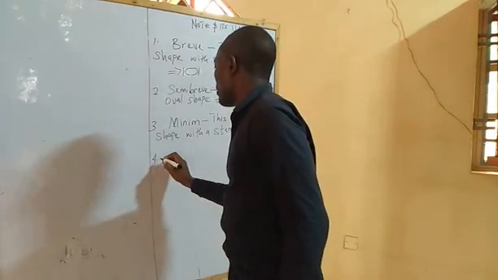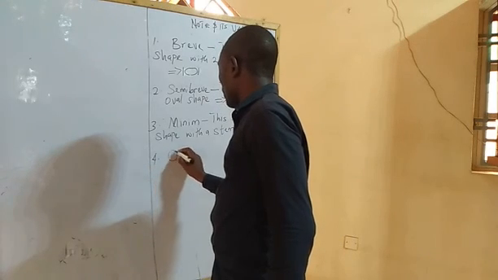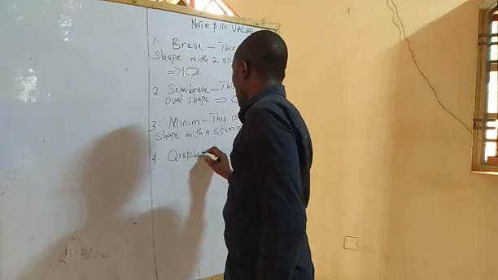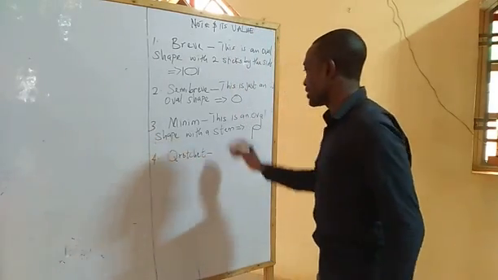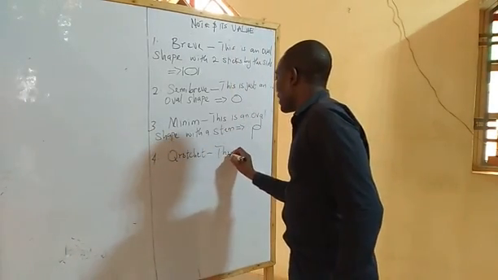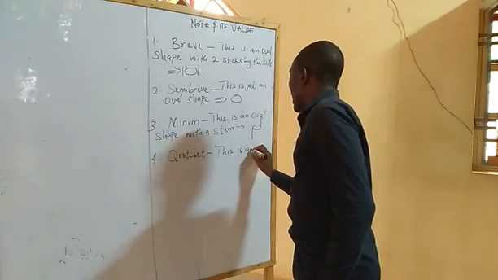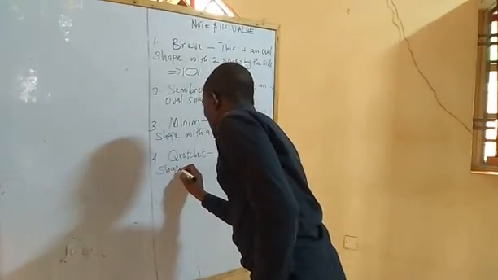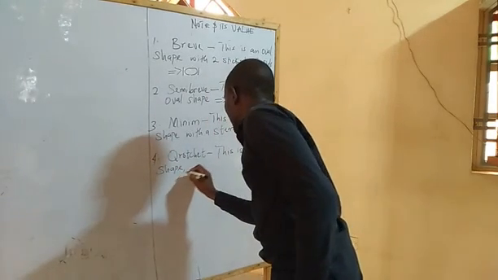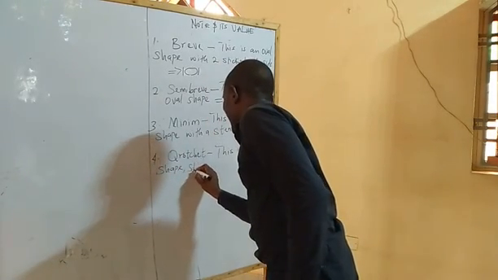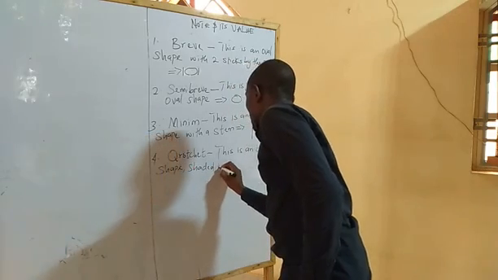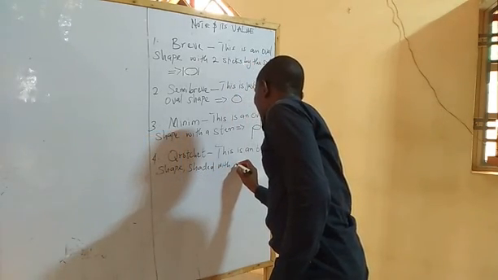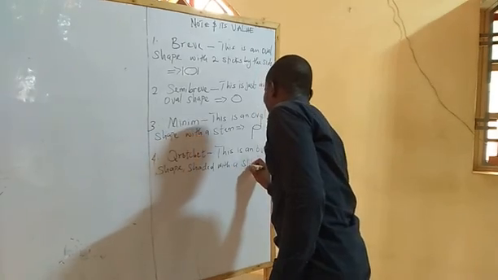Number 4, we go to the crotchet. When you hear crotchet, you say this is an oval shape, shaded, with a stem.